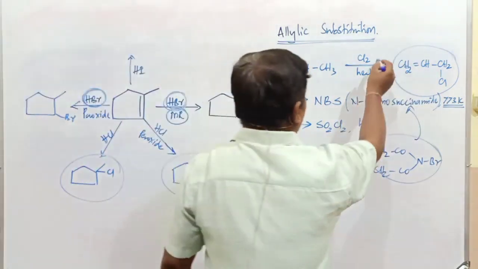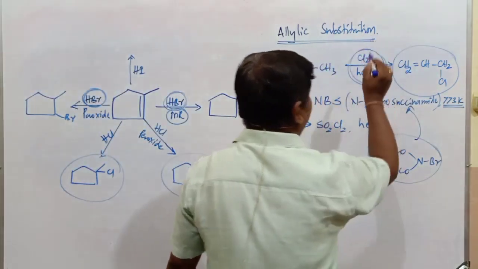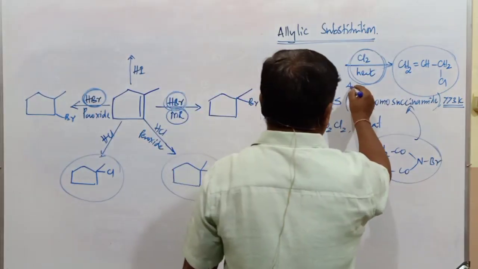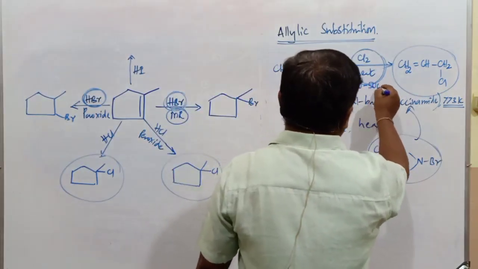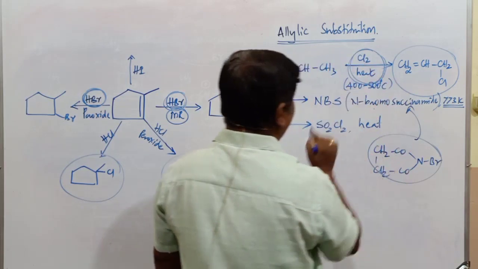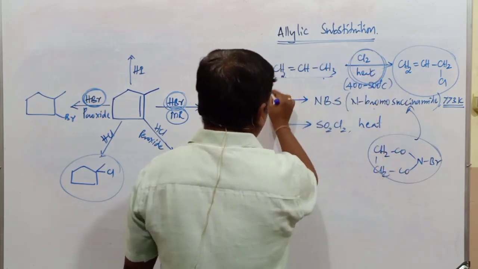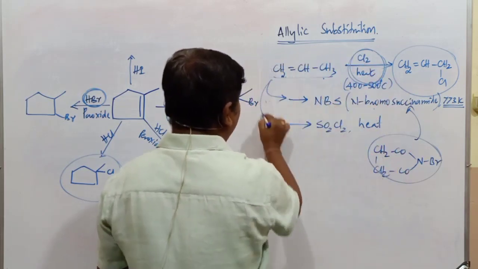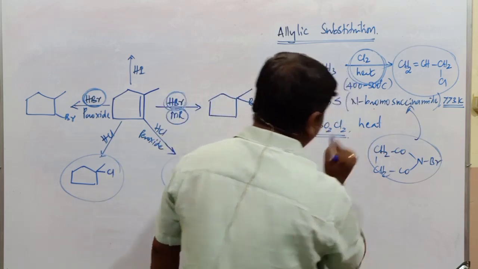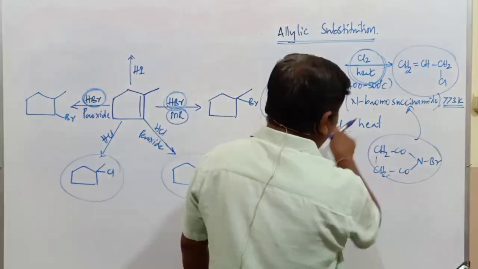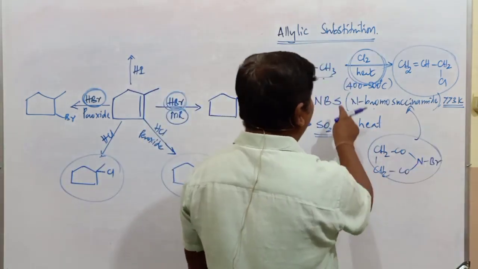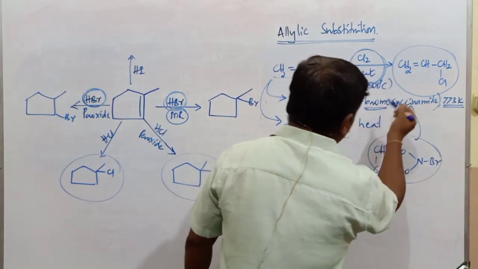So when any halogen is used at a temperature of around 400 to 500 degrees Celsius, and when any alkene is treated with either NBS or SO2Cl2, the product with SO2Cl2 contains a chlorine atom, and the product with NBS contains a bromine atom.